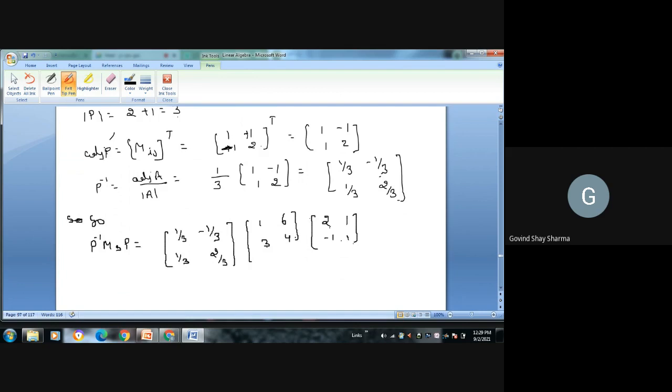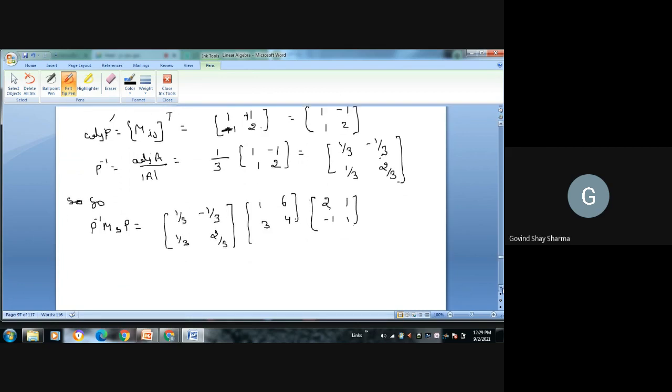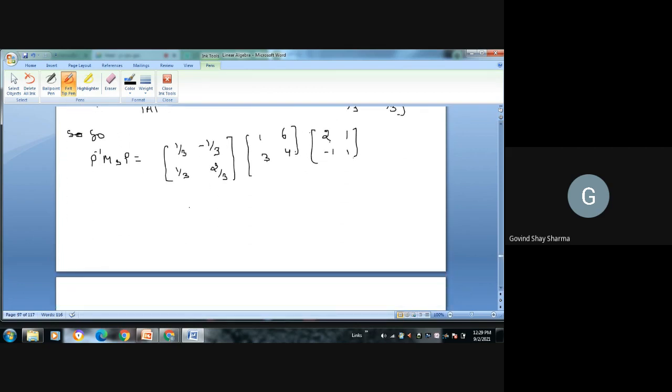Now 1 3 minus 1 1 3 1 3. We multiply this by column.